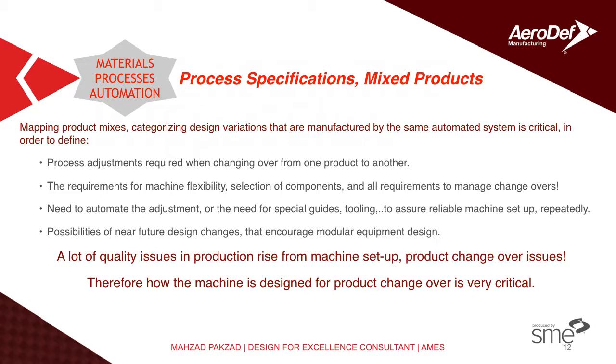We need to map the product mixes and categorize design variations that are manufactured by the same automated system, and list them in order to define process adjustments required when changing over from one product to another, the requirement for machine flexibility, selection of components, and all requirements to manage changeovers. We need to automate the adjustment or need special guides and tooling to ensure reliable machine setup and repeatability.